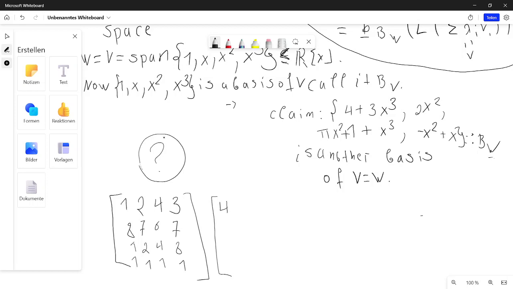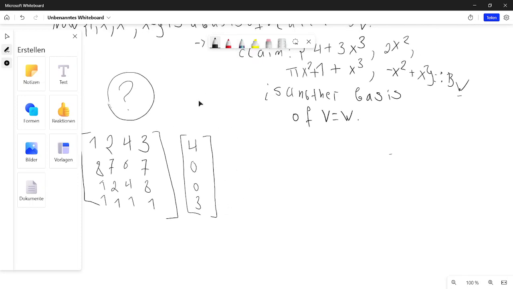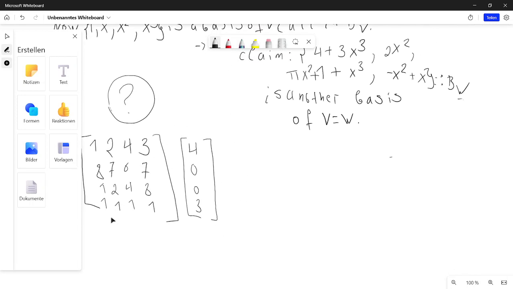Like 4, 0, 0, 3, because I have to keep it the same. Let's compute that quickly.